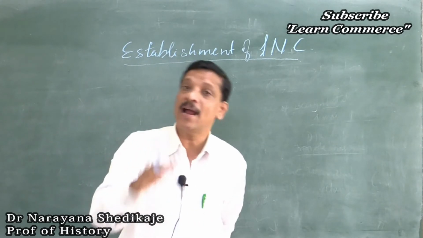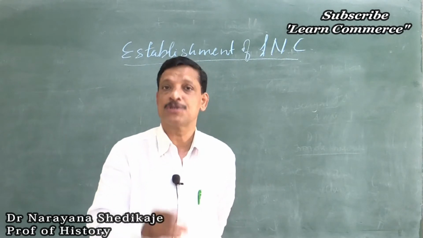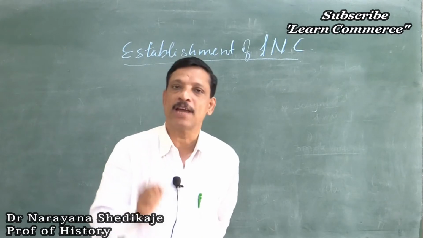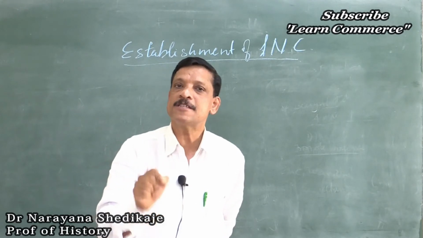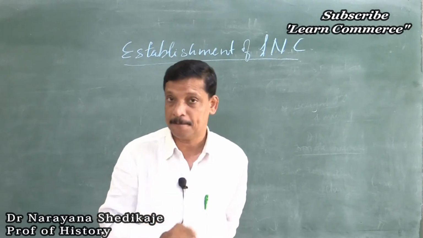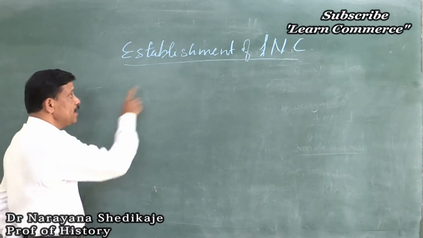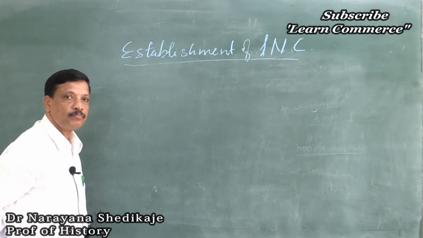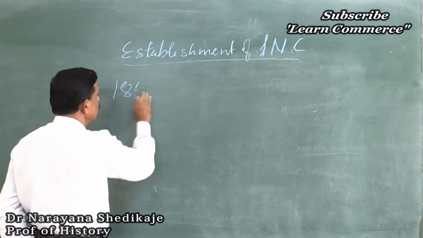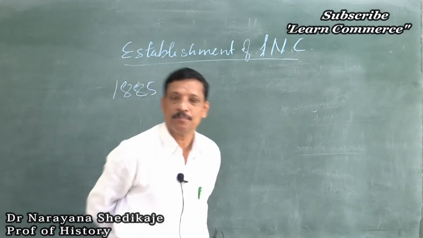Even in 1857, to some extent, a sort of agitation against the British took place, what we call the First War of Independence, or what the British called the mutiny. But after that, in 1885, the Indian National Congress was established.